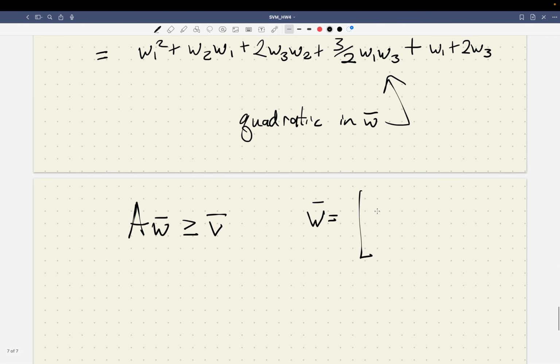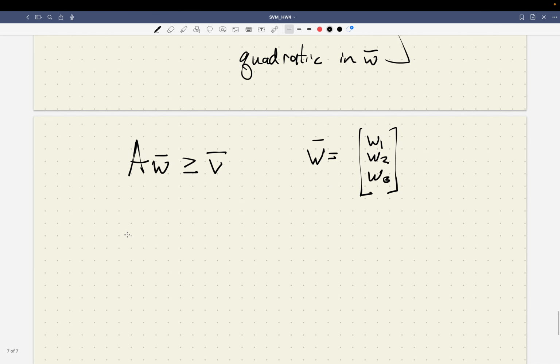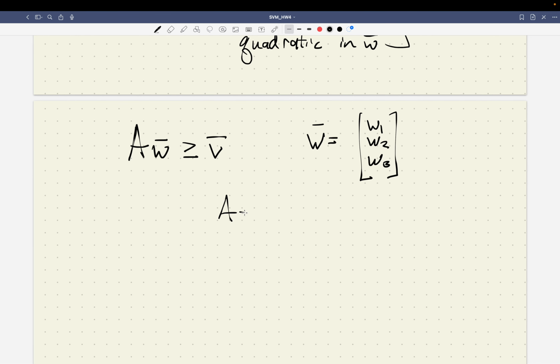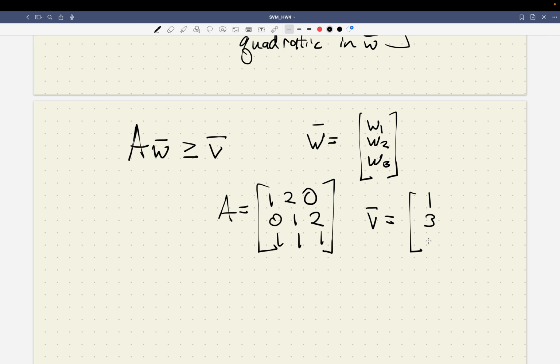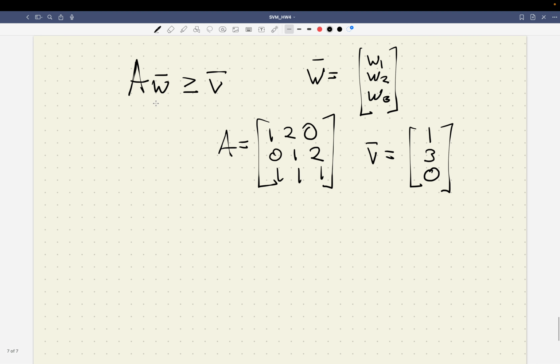W1, W2, W3. And let's say A is equal to 1, 2, 0, 0, 1, 2, 1, 1, 1. Okay, and let's say V is equal to 1, 3, 0.